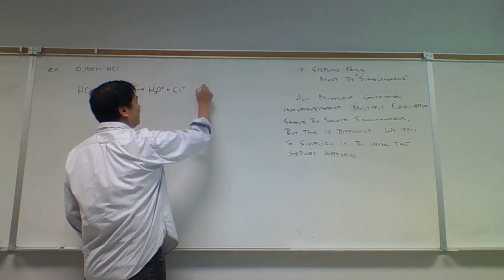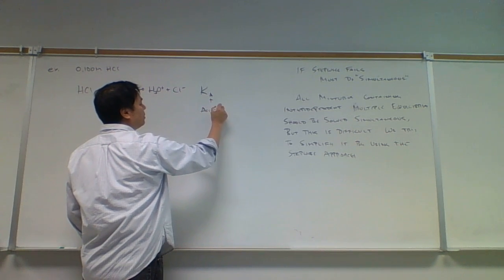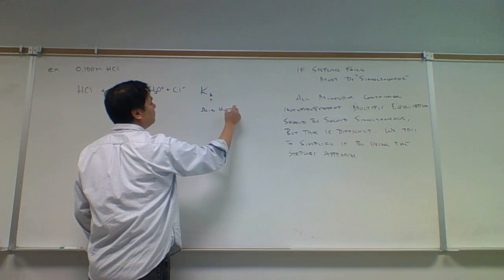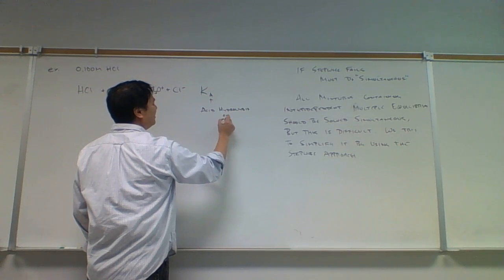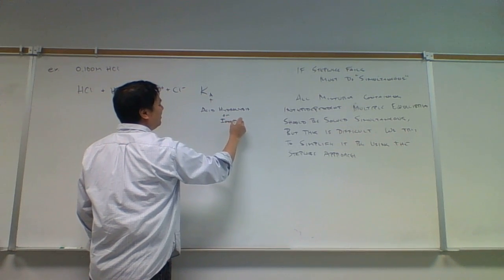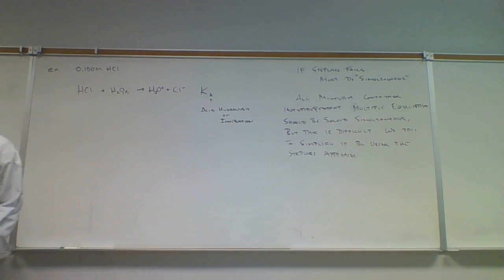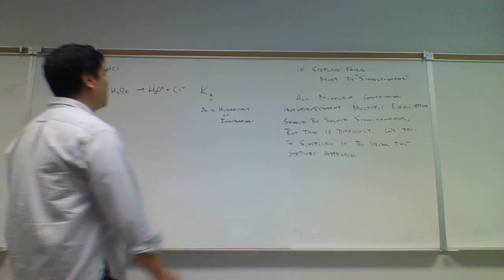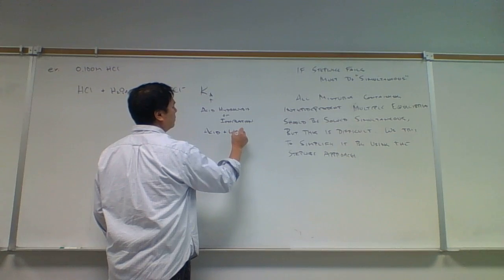This is called Ka. A stands for acid hydrolysis or ionization. It's probably more commonly referred to as acid ionization constant. The Ka is just acid plus water. Acid hydrolysis. Acid plus water.